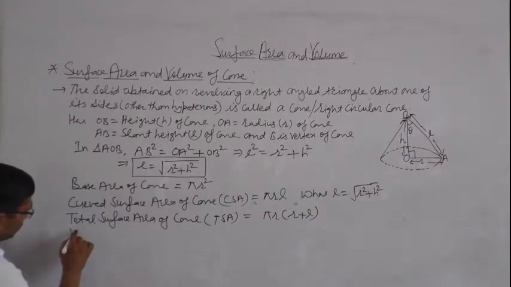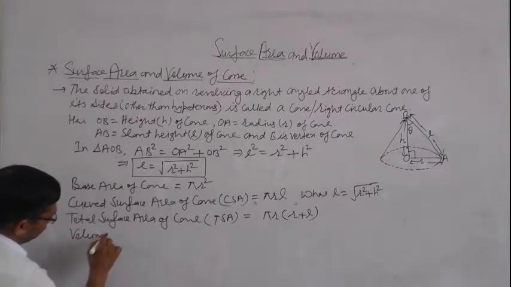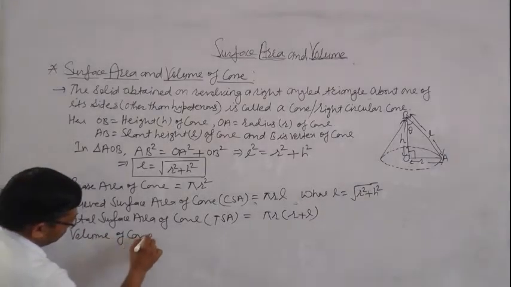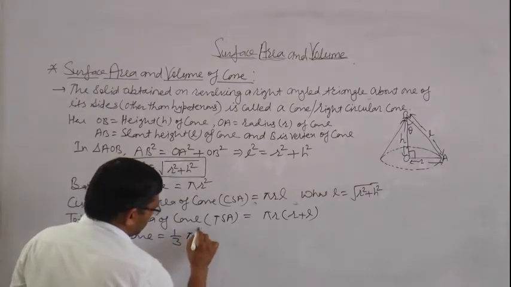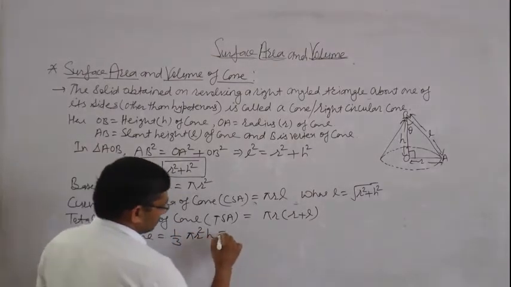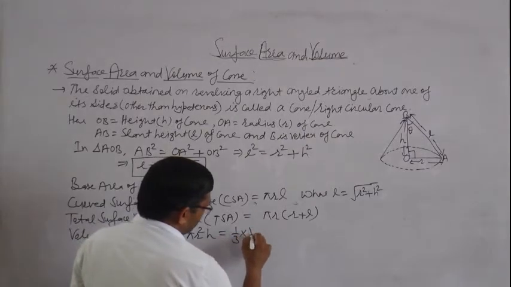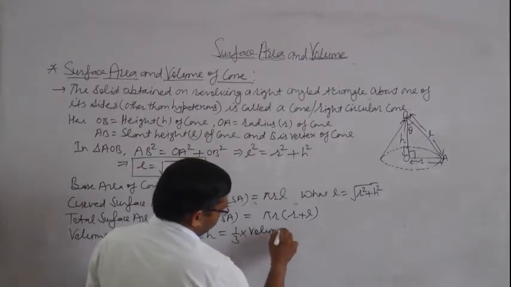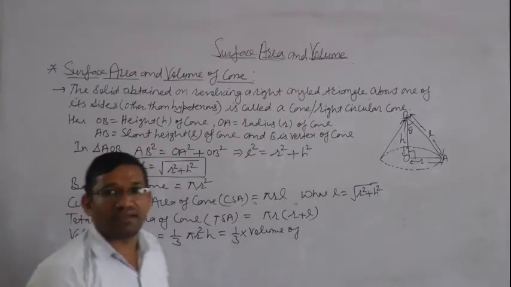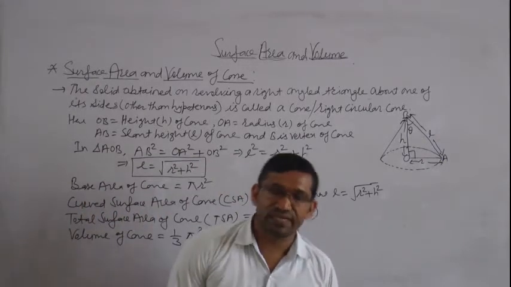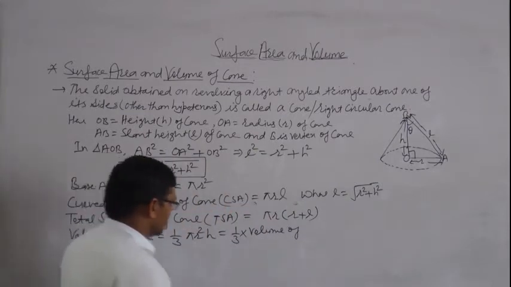Then volume. Volume of cone is equal to 1 upon 3 pi R square H. Pi R square H is the volume of a cylinder.